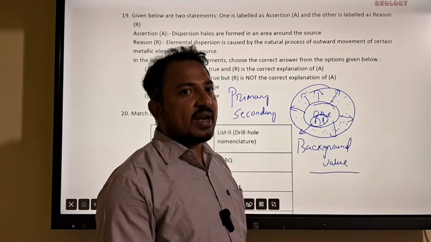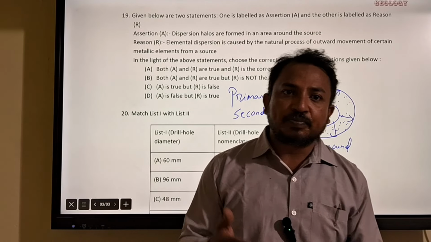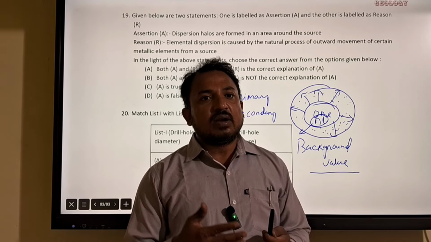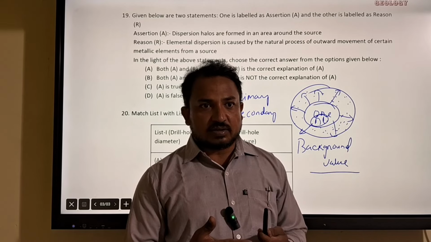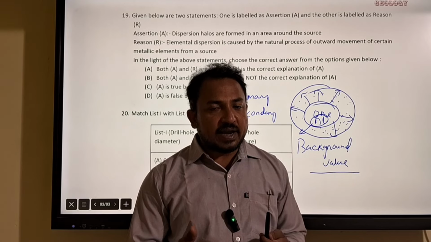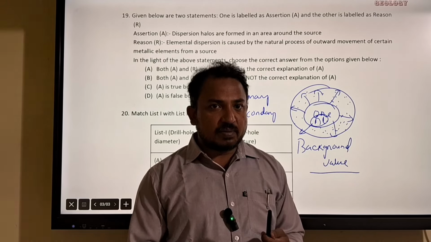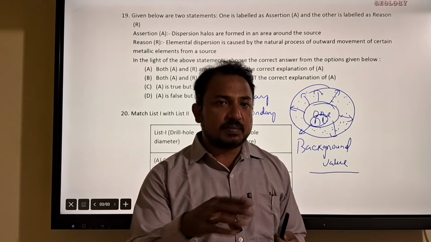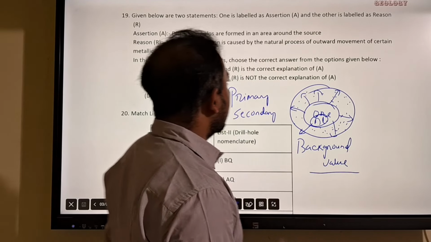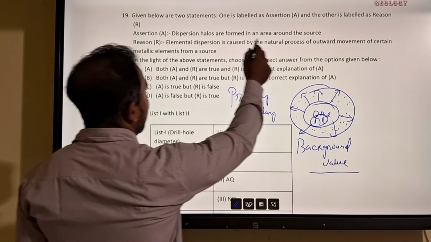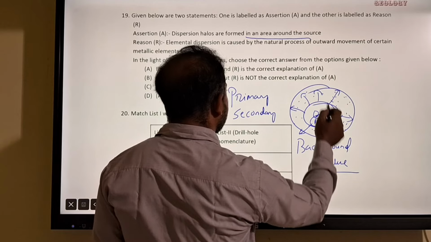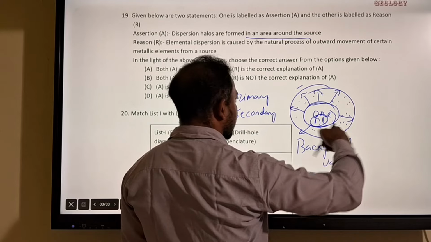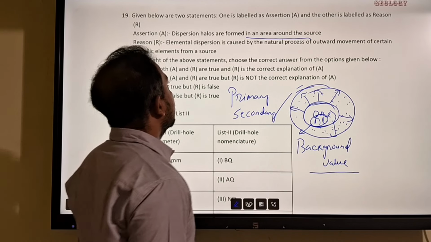Because during geochemical exploration, we measure the percentage of minerals within the crust. In the region where we get more than the background value, we assume that some deposition is present here. So the dispersion halo is formed in an area around the source. This is our source. The dispersion halo will be produced around the source.